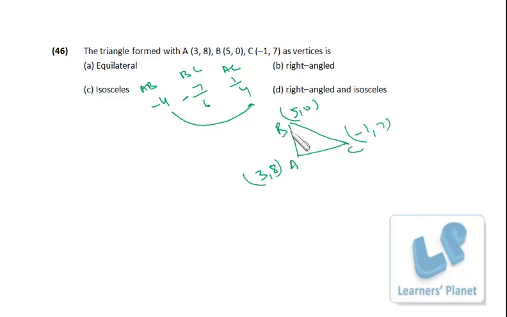Just quickly find out the lengths of AB and AC. It is 5 minus 3, 2, so 4, plus 8 squared, 64, so it is root 68, and this is 4, that is 16 plus 1, so that's different. So AB is not equal to AC, that means it is only a right angle triangle but not an isosceles triangle. I'm just using the distance formula to find the lengths of AB and AC.